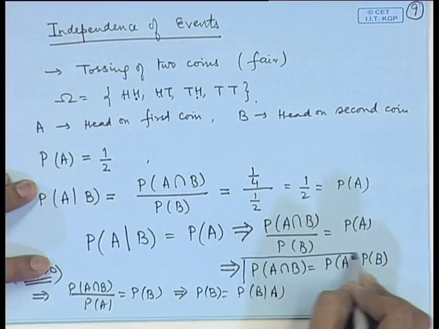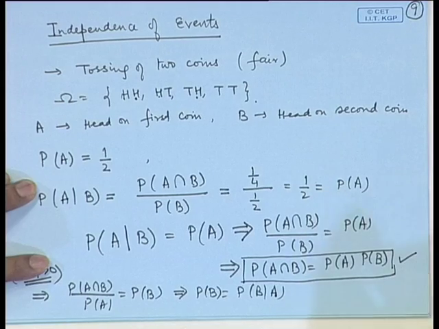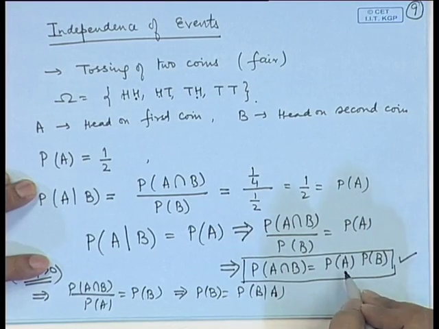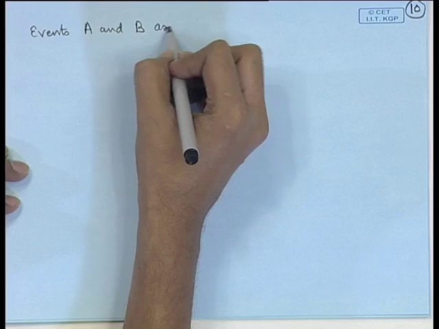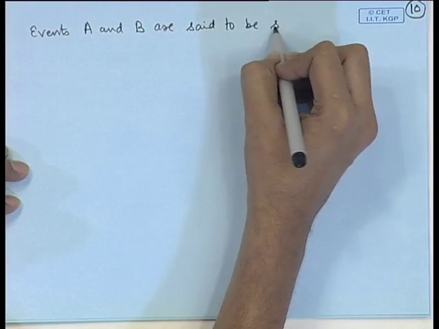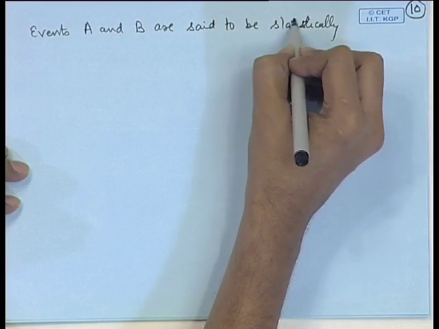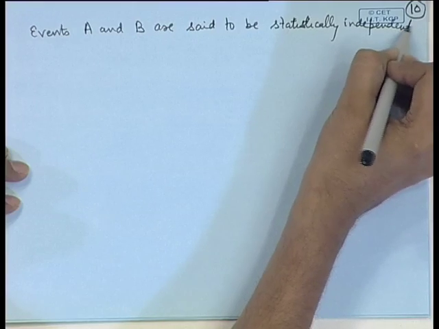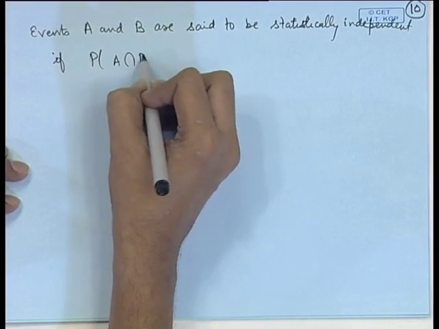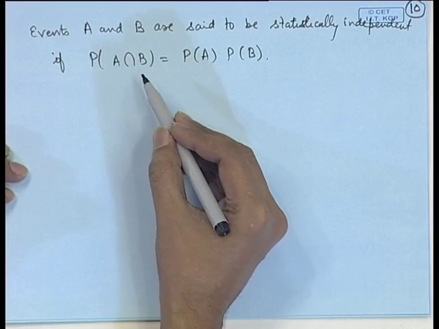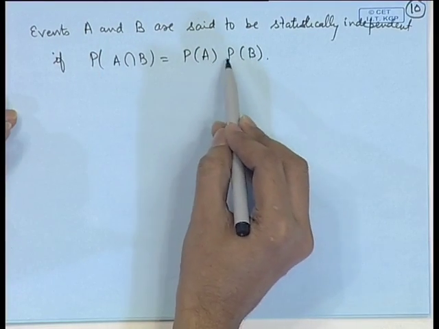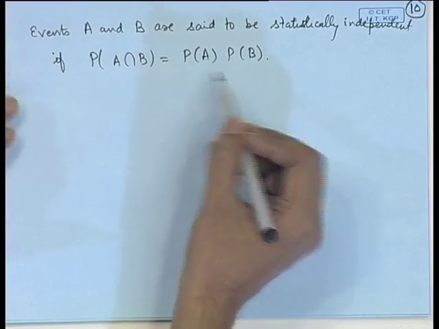Therefore, to avoid unnecessary complications, we can consider this as the definition of the independence of the events A and B. So, we formally define events A and B are said to be statistically independent if probability of A intersection B is equal to probability of A into probability of B. So, you can see that this definition is symmetric in the independence of A with B or B with A, and moreover we do not have to write down the condition that probability of A is positive or probability of B is positive, because this definition does not involve the division here.